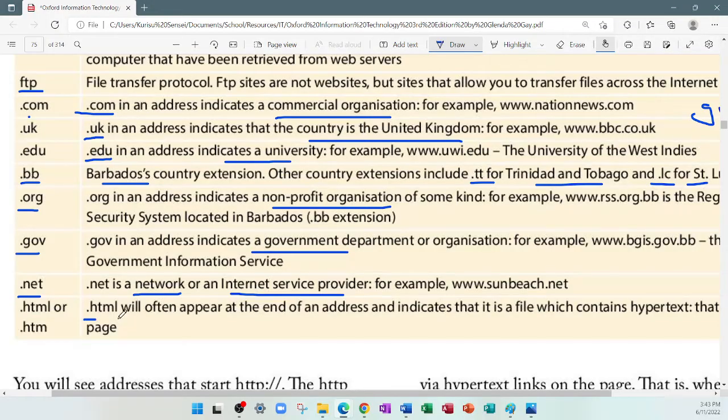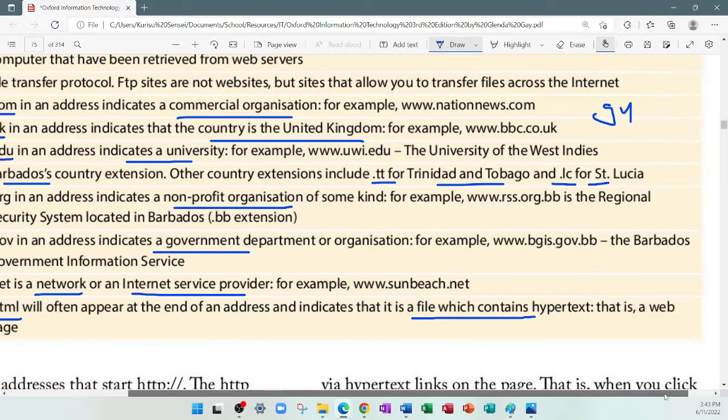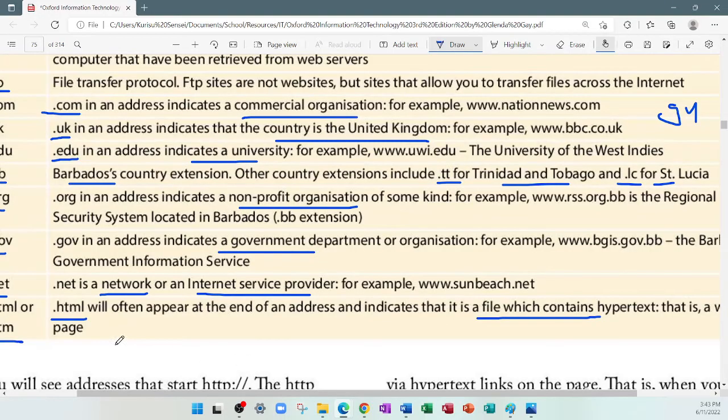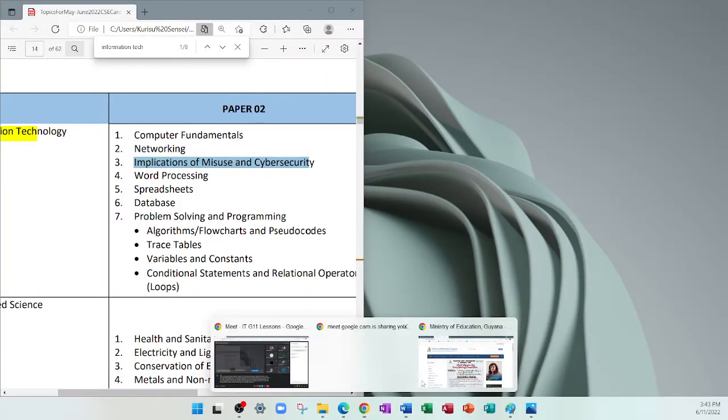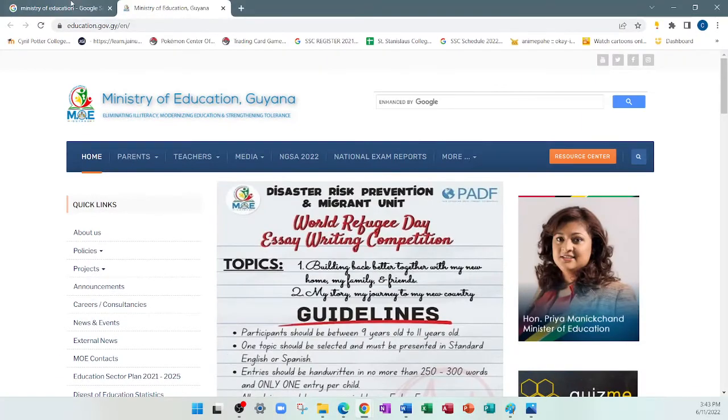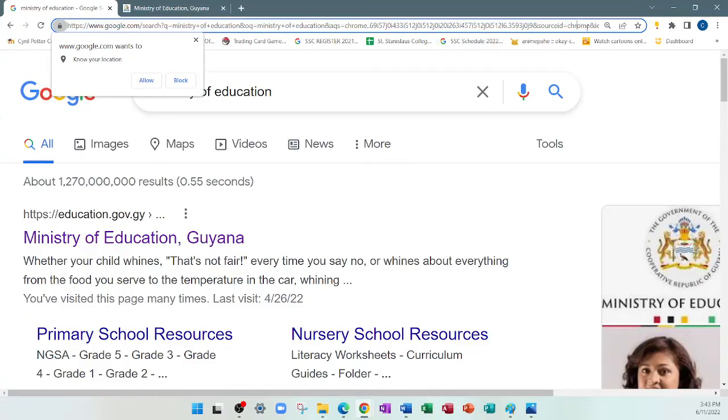And if you see .html or .htm, it indicates that the file contains hypertext, that it is a web page. Because if you notice at the end of this file here, you guys seeing a .pdf? Seeing that? Yes, sir. Good. So that's indicating it's a PDF file. If you look at a website, not all of them show it, as you're seeing right now.